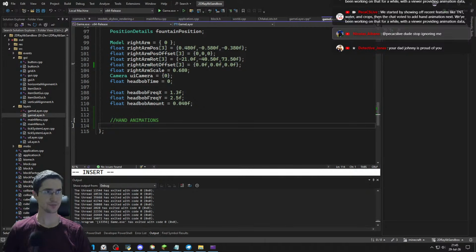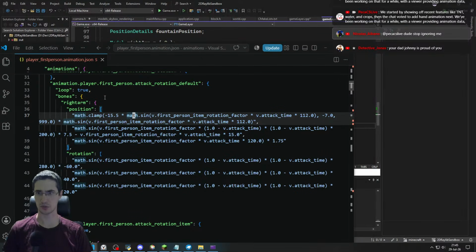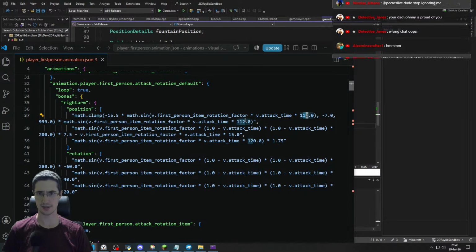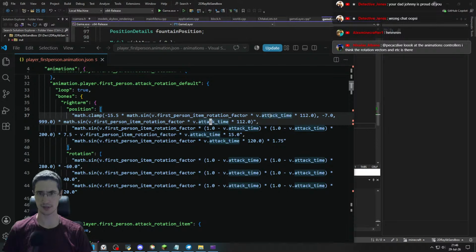Okay, chat. Here, how many variables do we need? We need this variable. Here we need a variable. And in the second sine, we need a variable as well. Oh, this one is the same. Attack time is the same. Okay, we need one variable here, and a second variable.